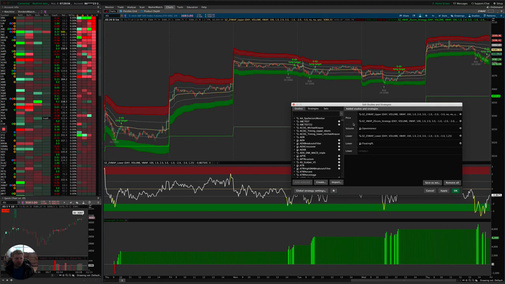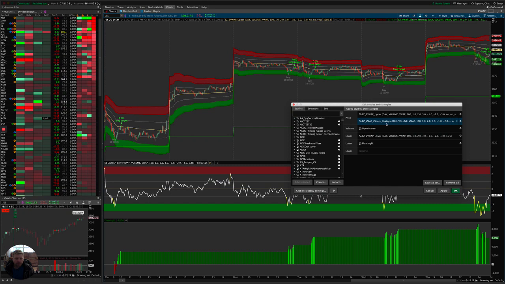So it allows you to backtest different settings. Say you want to try it on specific stocks that you like to trade. Well, you can pull it up on those stocks and tweak the settings of the strategy just for those individual stocks, so that you can optimize it for whatever type of trading you're doing.